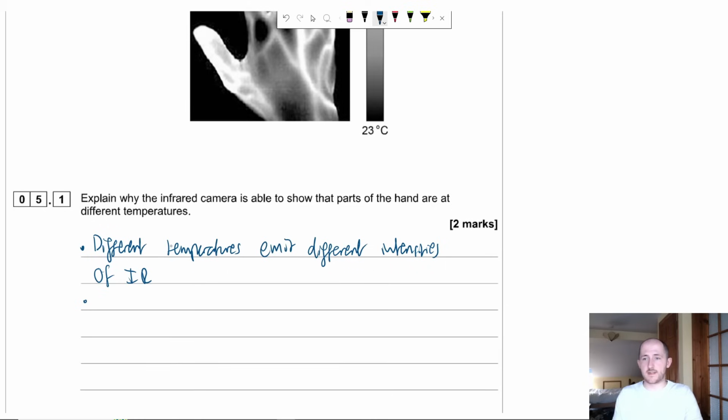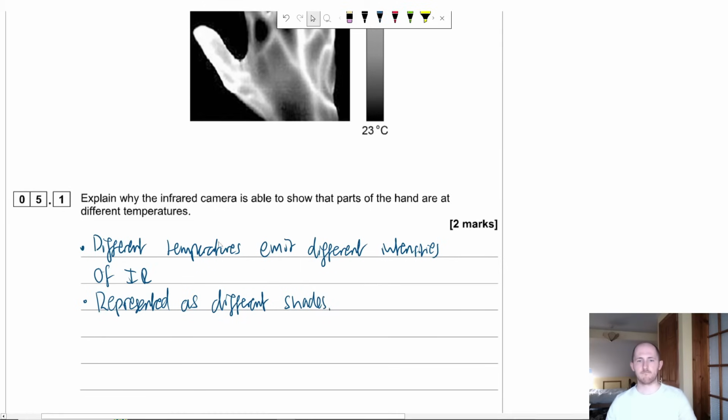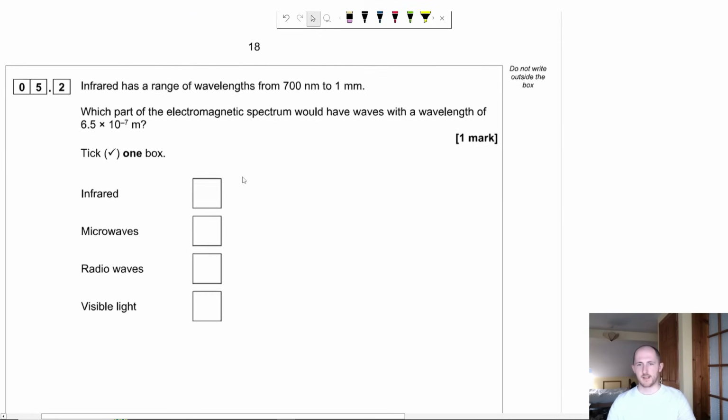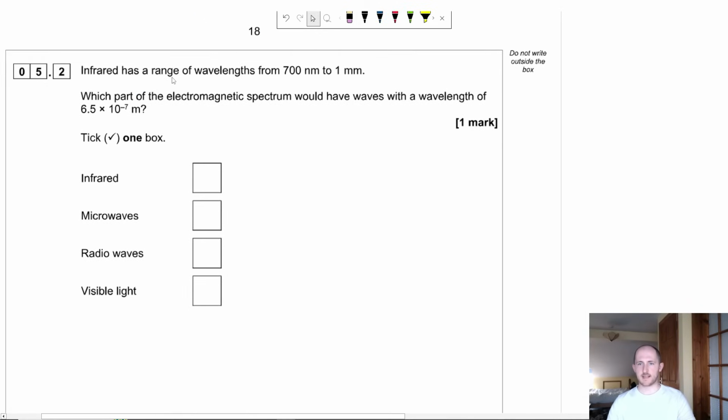And this is represented as different shades. Cool, that's it.